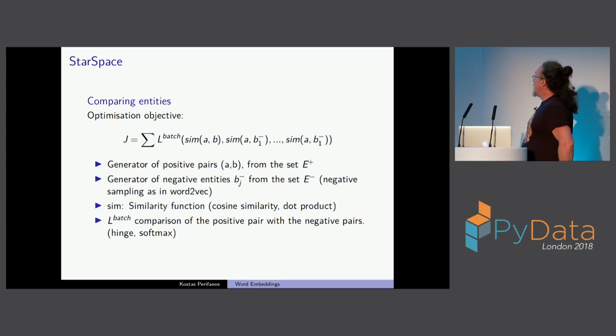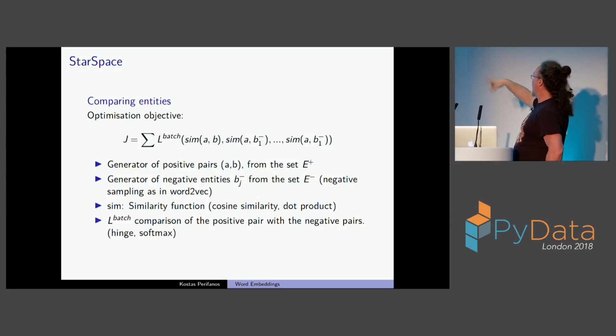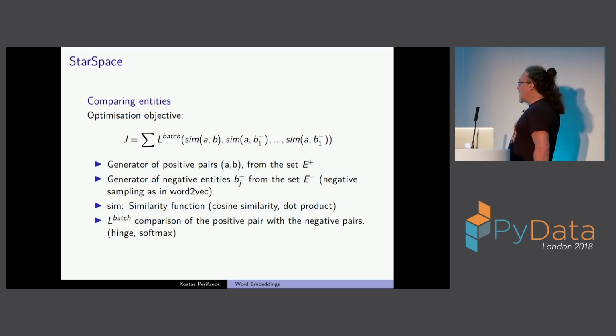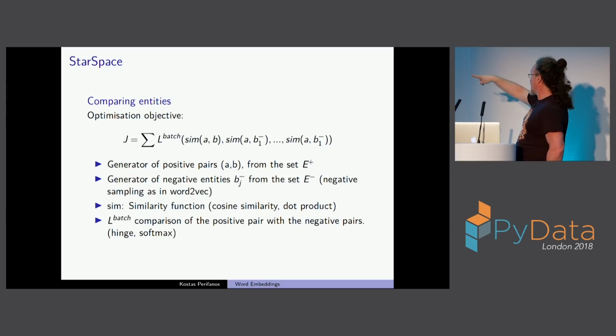So, StarSpace generalizes things a bit with an optimization objective which consists of two concrete parts: the loss function per batch, where the loss function can be either hinge loss or softmax, and a similarity function which can be cosine similarity or just dot product. And we're learning representations over entities where we're defining the batch, like the loss function.